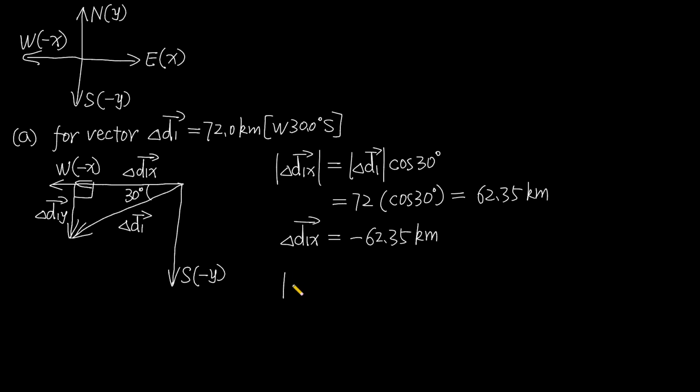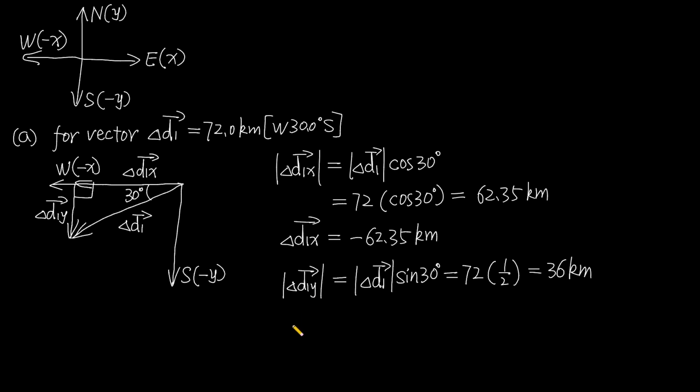Then the magnitude of the vector delta D1y equals the magnitude of vector delta D1 multiply sine 30 degrees, and this equals 72 multiply 1/2, and it equals 36 kilometers.